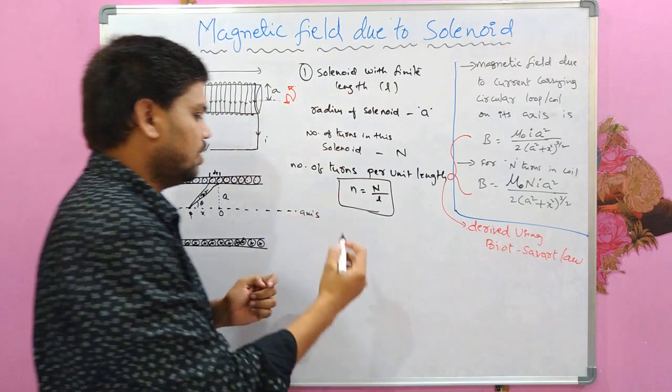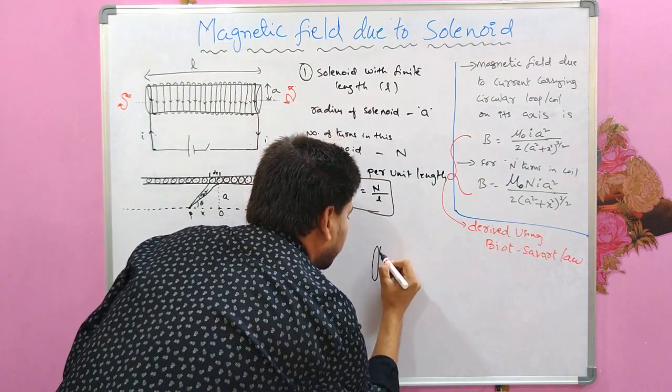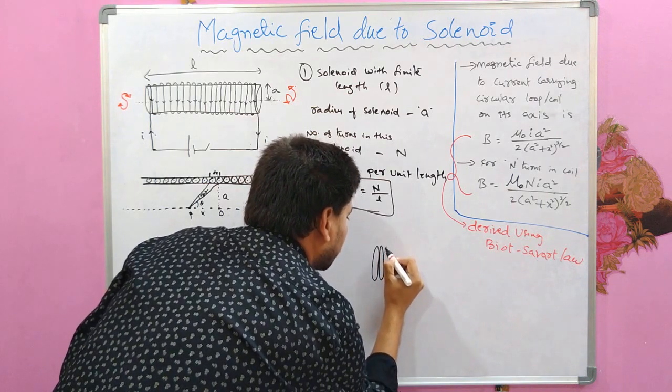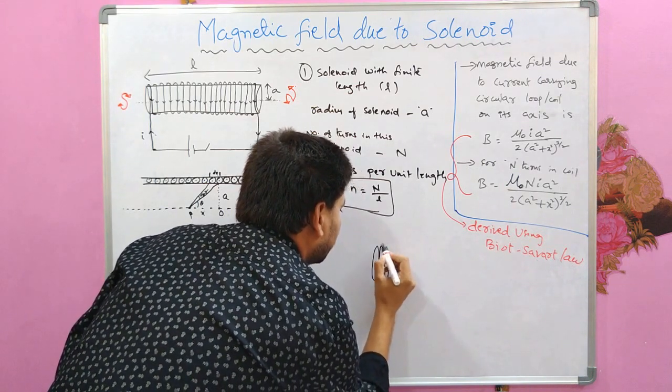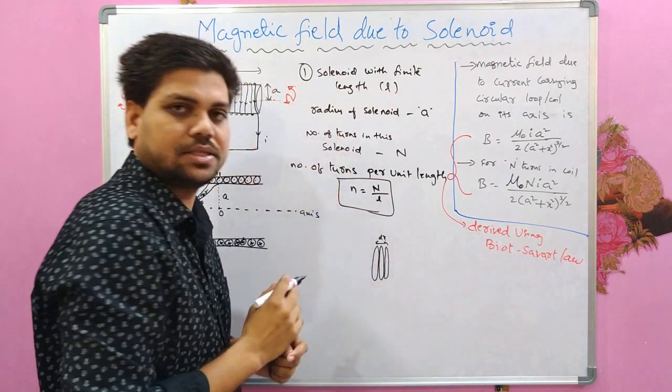which means in the dx length we may have any number of turns. This is dx like this.